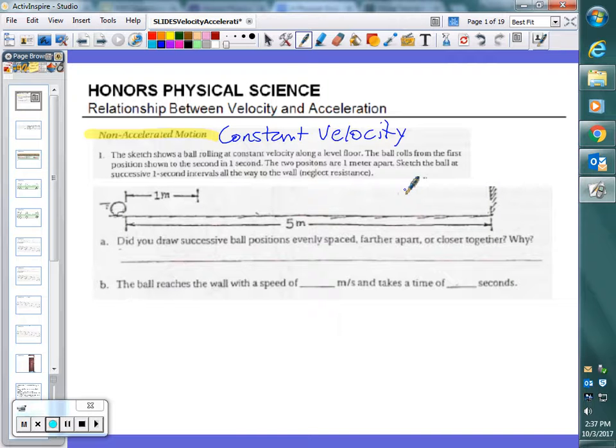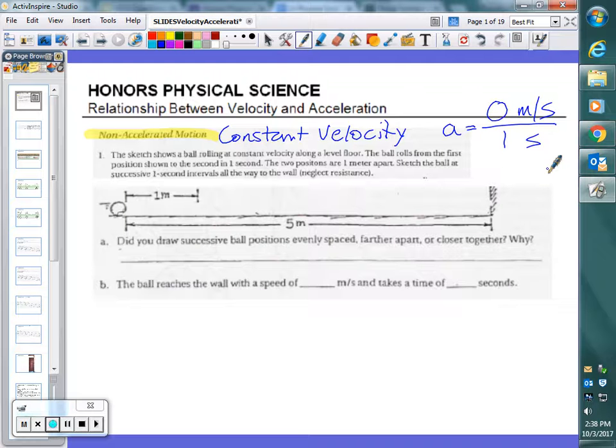All right. So let's take a look at this picture, and let's start piecing some of those things together. First, if this is non-accelerated motion, that means it has constant velocity, and that means that the acceleration of this object is what? Zero, right? Or to be consistent with what we're going to do a little bit later in class, 0 meters per second for every 1 second, right? That's our unit of acceleration, right? Meters per second, yes? To be consistent with what we're doing later on in class, I'm going to write it like this, okay?